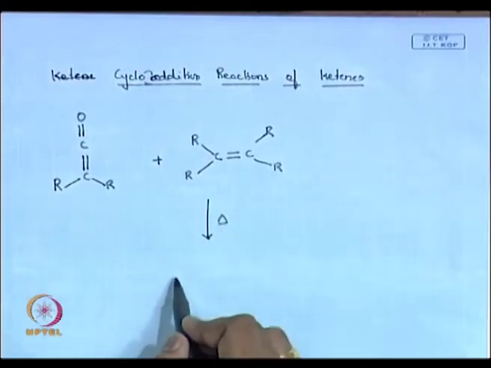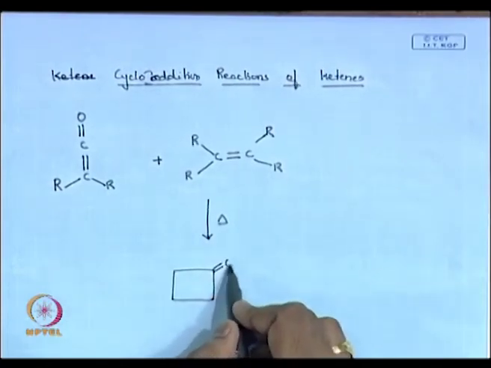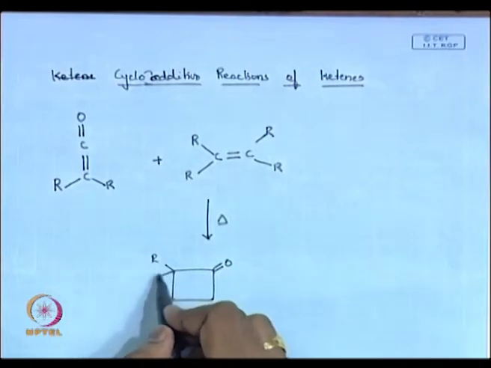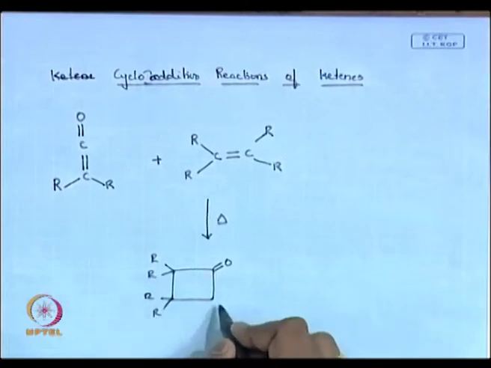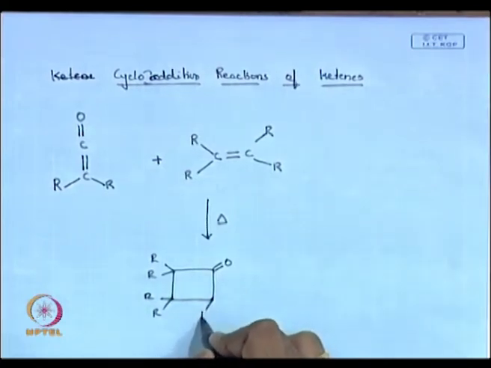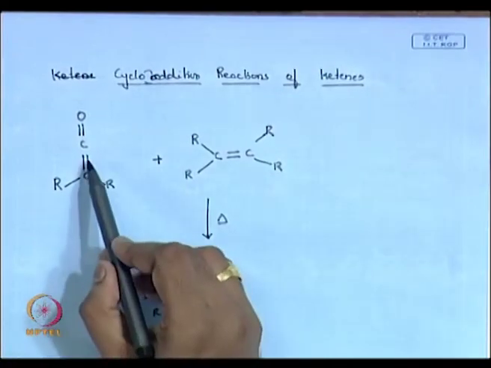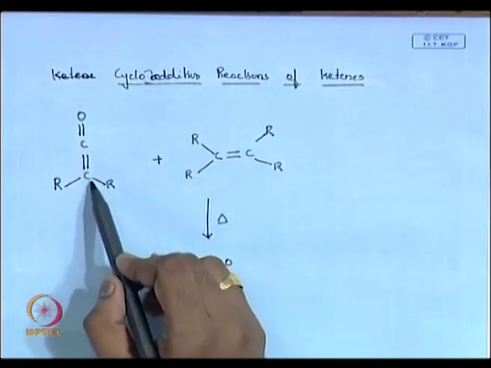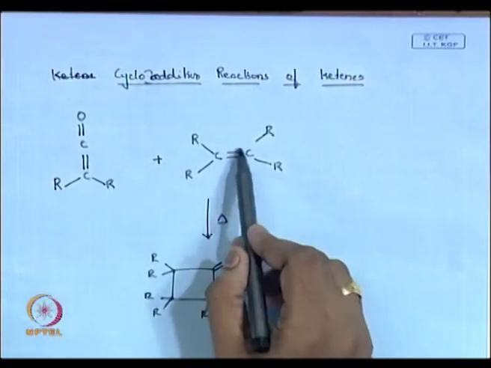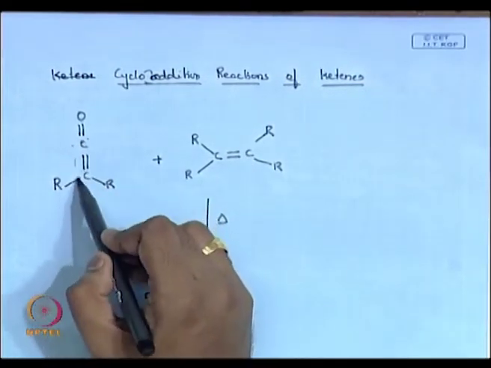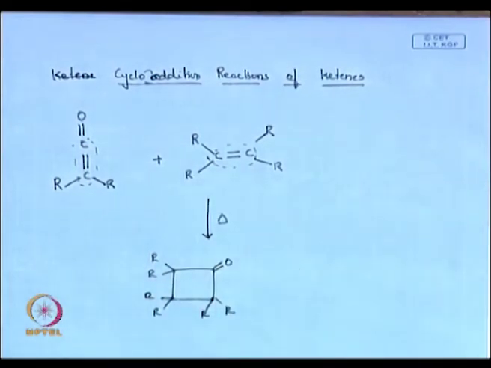You end up with a nice product. Okay. So, basically it is a 2 plus 2 cycloaddition of your C double bond C and C double bond C. Okay. C double bond C of this and C double bond of these are the basically system involved in that, to give you the cyclic product.